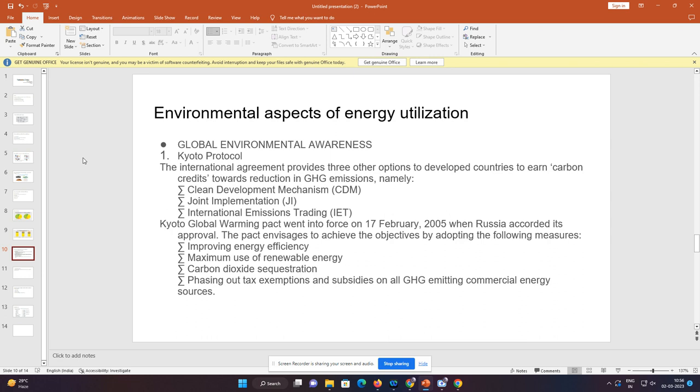The third one, international emission trading, allows buying and selling emission credits among the developed countries which are members of the protocol. So this treaty is a step to solve the environmental challenges of global warming posed by emission of greenhouse gases.